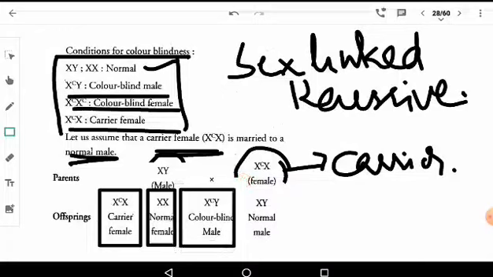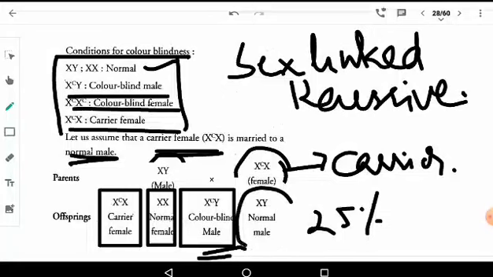So if we have a carrier female married to a normal male, then the possibility that a child will be affected is going to be 25%. And if he is getting a Y chromosome from his father and the unaffected X chromosome from his mother, then it is going to be a normal male. So there is 25% probability that the child is going to be colorblind.